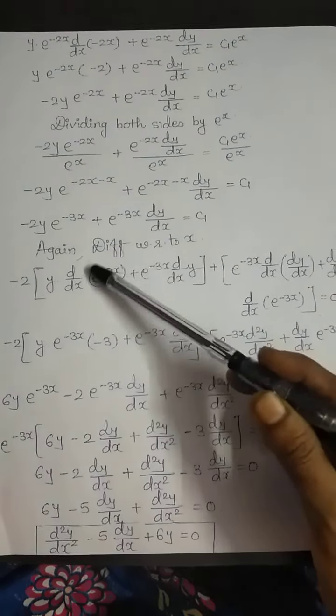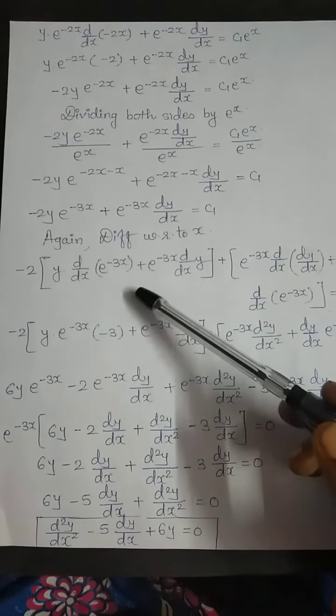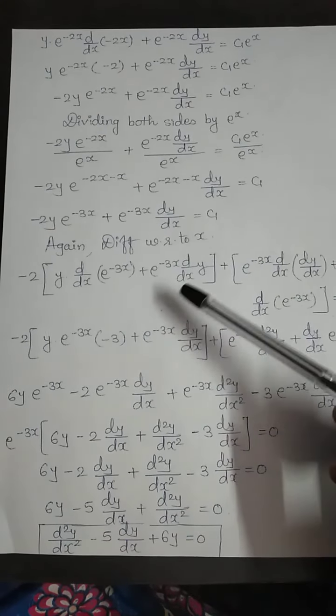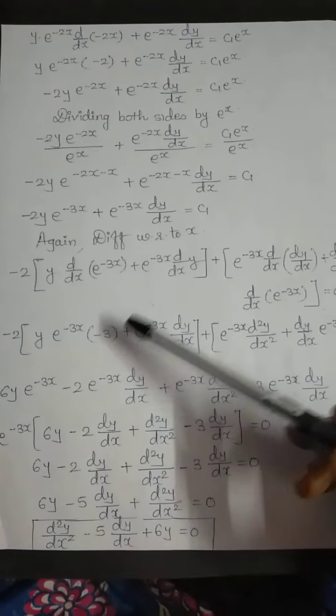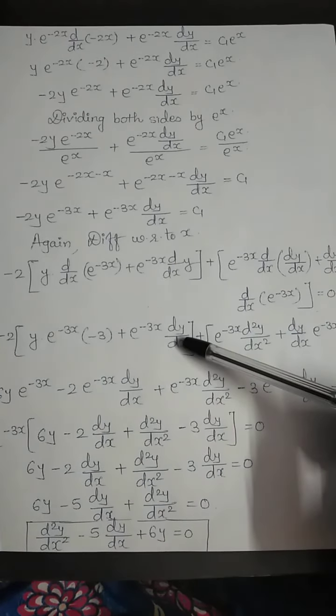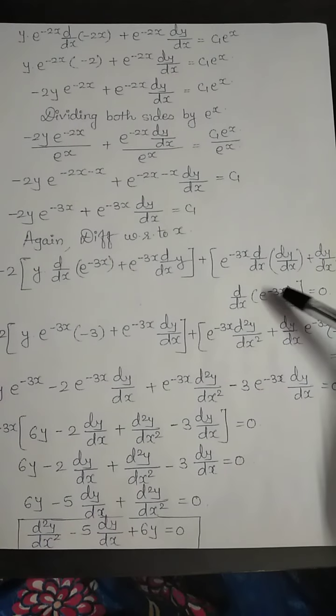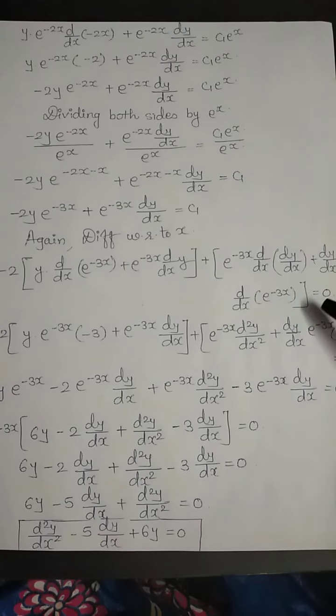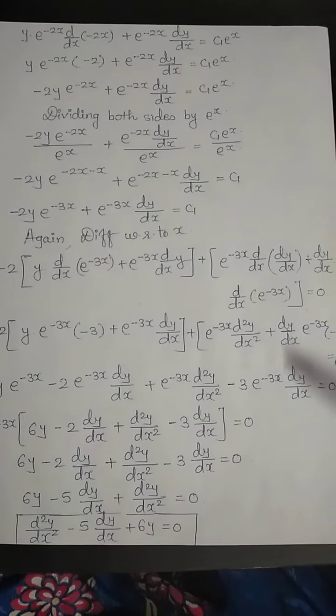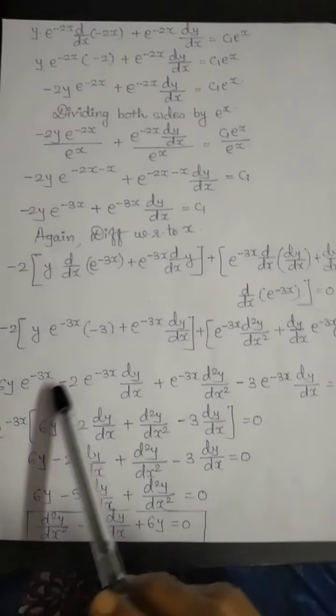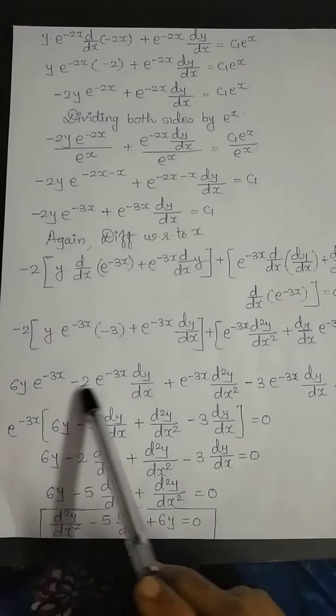Now derivative of e raised to minus 3x is e raised to minus 3x into derivative of minus 3x, which is minus 3. Here the derivative is dy by dx. Here the derivative is d square y by dx square. And here the derivative is e raised to minus 3x into derivative of minus 3x, that is minus 3. So after simplification we will get this term.